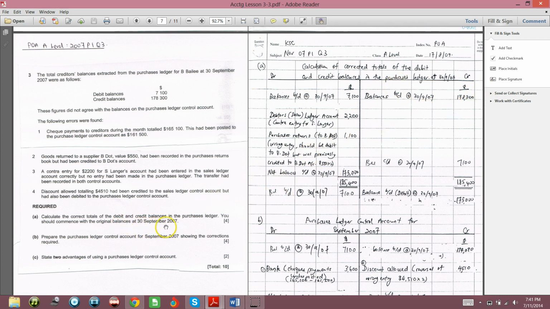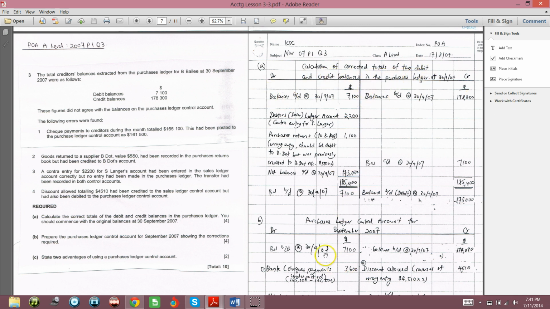Then prepare the purchasers ledger control account. Here I put it as compact as possible, but in the exam, I'll put A, then I'll draw up the structure here: calculation of correct total of debit and credit in the purchasers ledger.